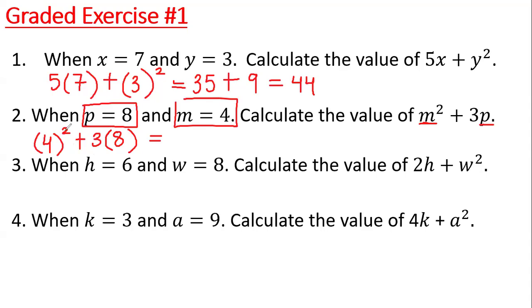So what is 4 squared? 4 squared is 4 times 4. What is 4 times 4? 16. Very good. So 4 squared is 16.